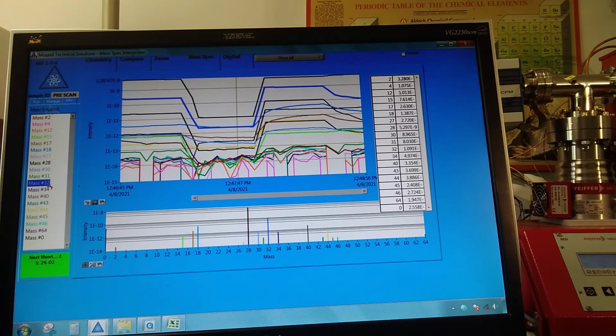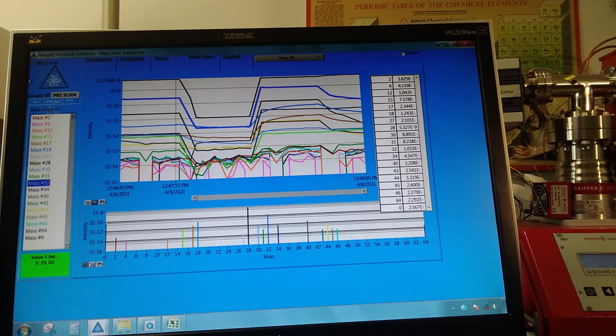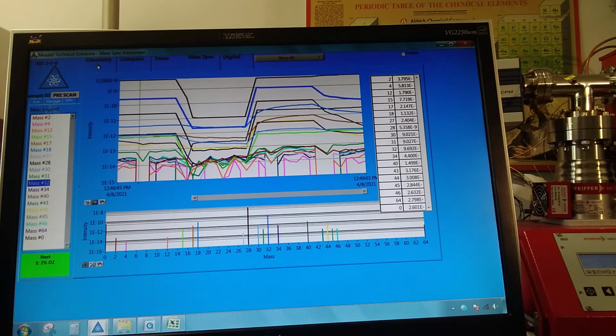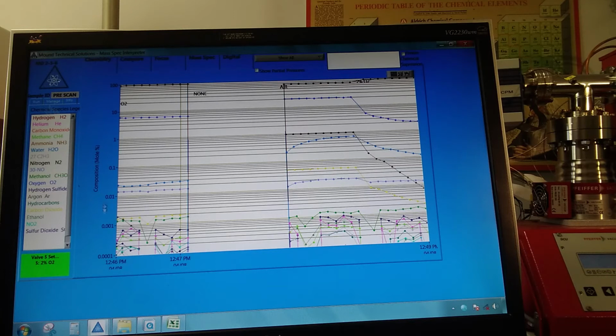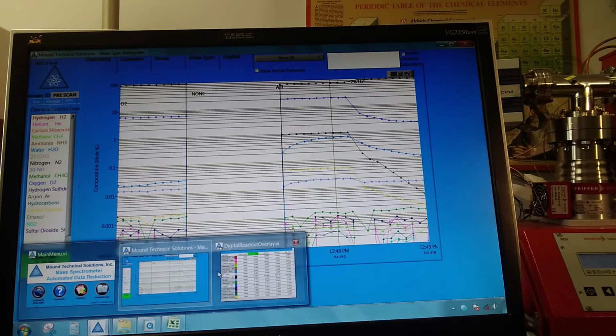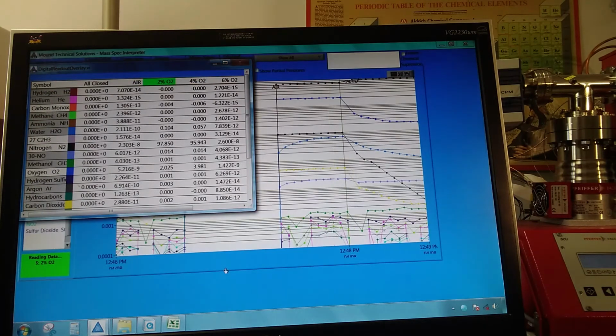So Mound Technical Solutions has a software package we call our Mass Spec Interpreter. So if we switch over here to our chemistry screen, we're able to express that same data presented as a mole percentage. So now we have the mole percent of each gas. It's presented in a real-time plot.